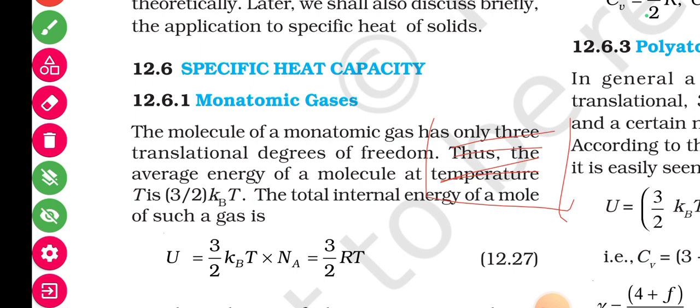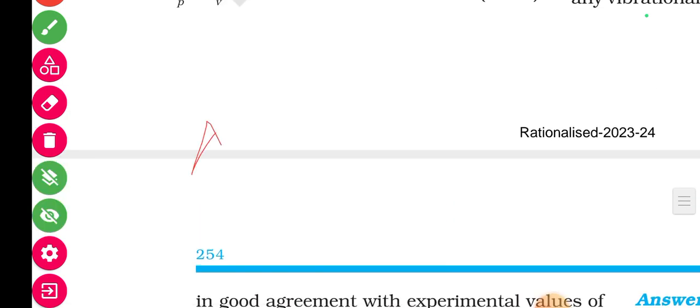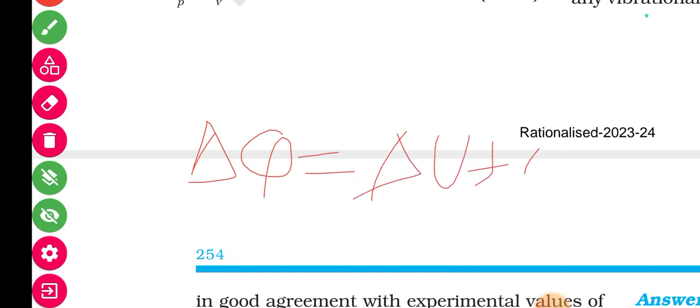And a very general question: which is greater, Cv or Cp? You can clearly see, if you know the first law of thermodynamics, that if we give heat delta Q to a system, it will be used in two ways: delta U plus delta W, to raise the internal energy and to do some useful work.